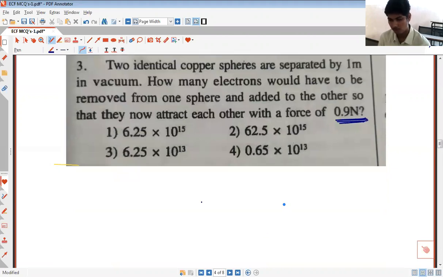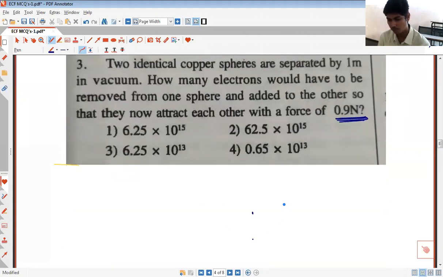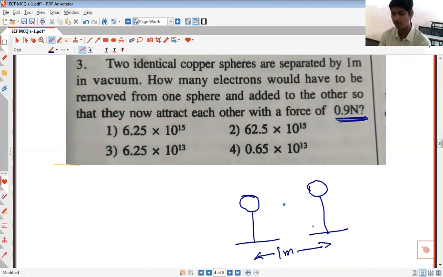According to the problem, there are two copper spheres. Let us suppose this is copper sphere 1 and this is copper sphere 2. They are identical and placed at a distance of 1 meter from each other. Now we have to remove some electrons from one sphere and add those electrons to the other.